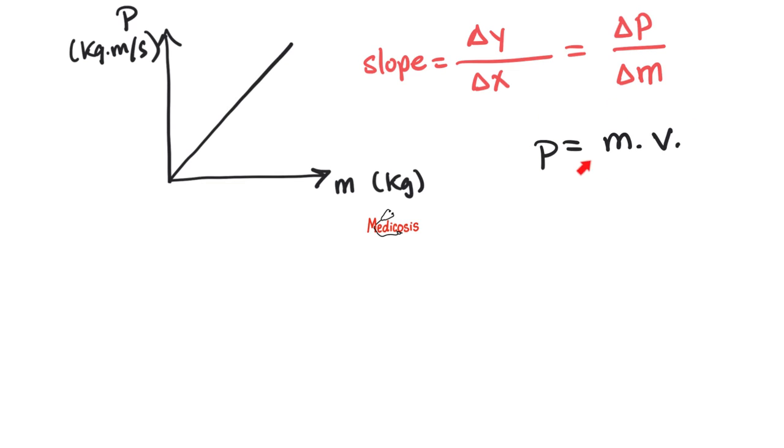Can we rearrange this equation to have momentum divided by mass? Absolutely. Let's divide each side by mass. So here becomes momentum over mass, and here becomes v, which means momentum over mass is velocity. So the slope of this line represents what? It represents velocity. Amazing.